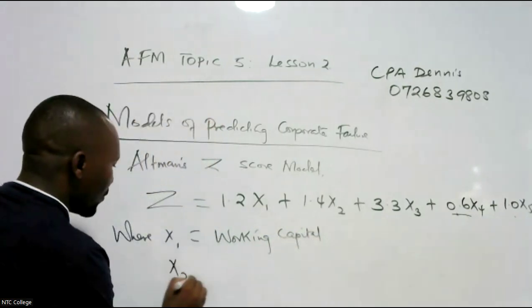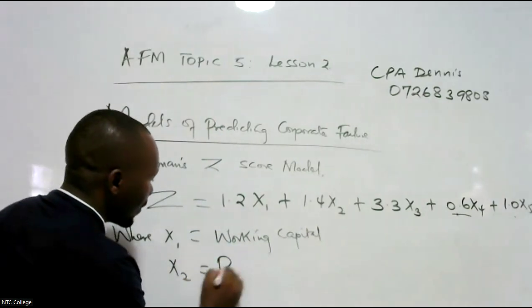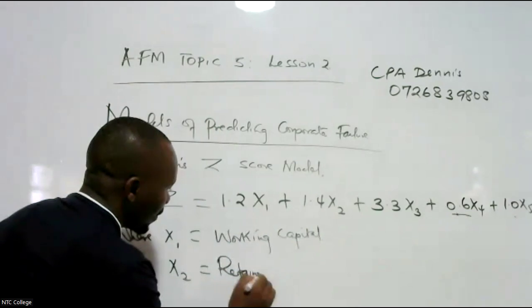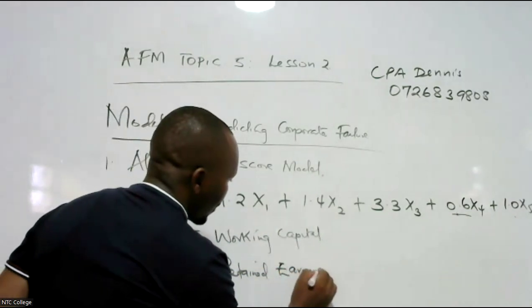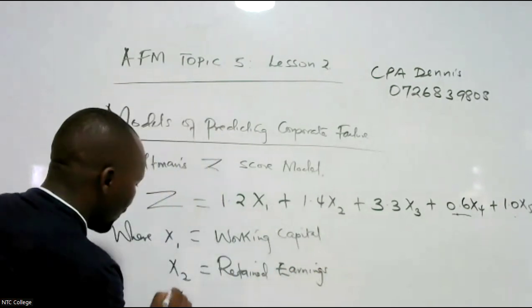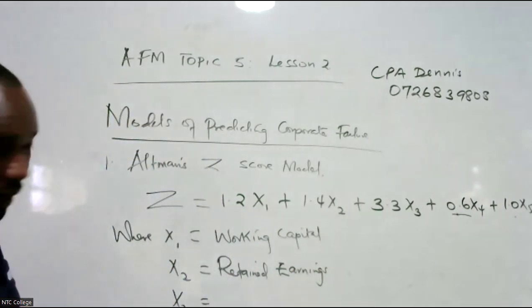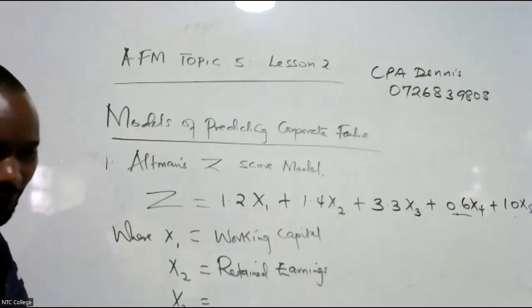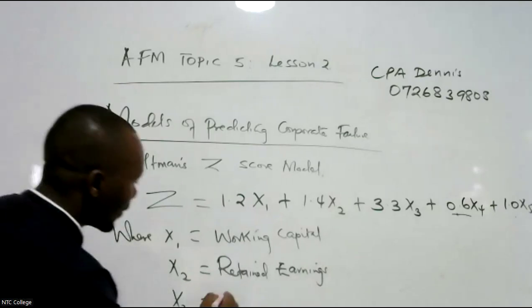We have x2, meaning retained earnings. We have x3, which means EBIT.